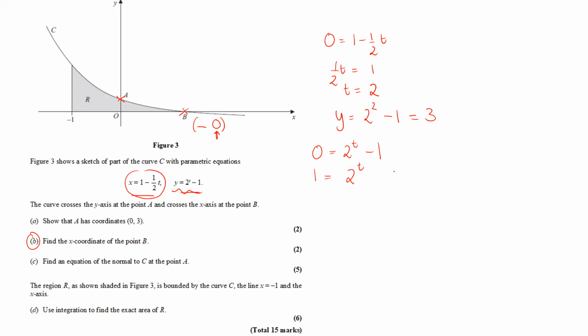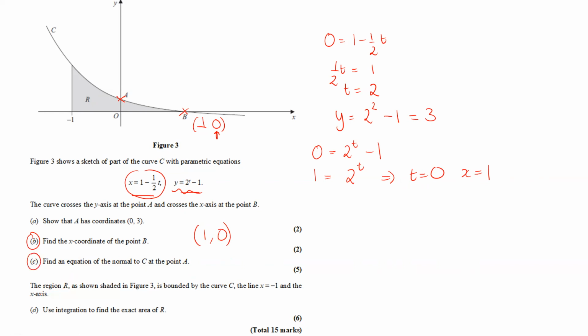What's going to happen there is that t is equal to 0, and then put that into the x. So x is equal to 1. So this is the coordinate here, 0, 1, or 1, 0, sorry. Yeah, everyone's following so far? Any questions?